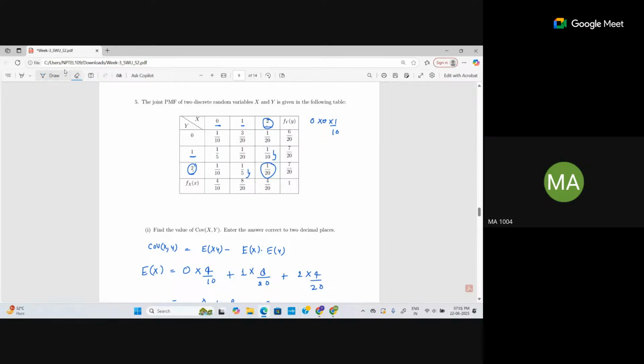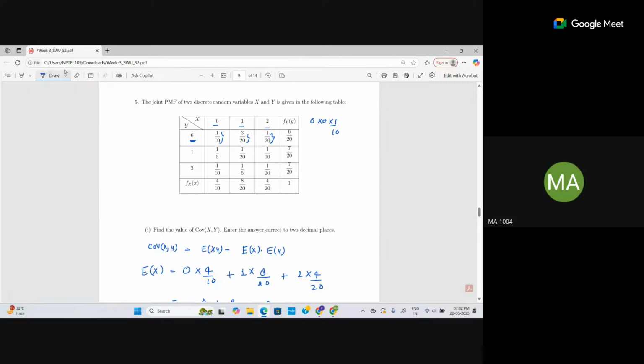In this table, you can see that some values of x and y are 0, so when you multiply these three things, it will become 0. Then you have to multiply 0, 2, and 1 by 20, and that also becomes 0.